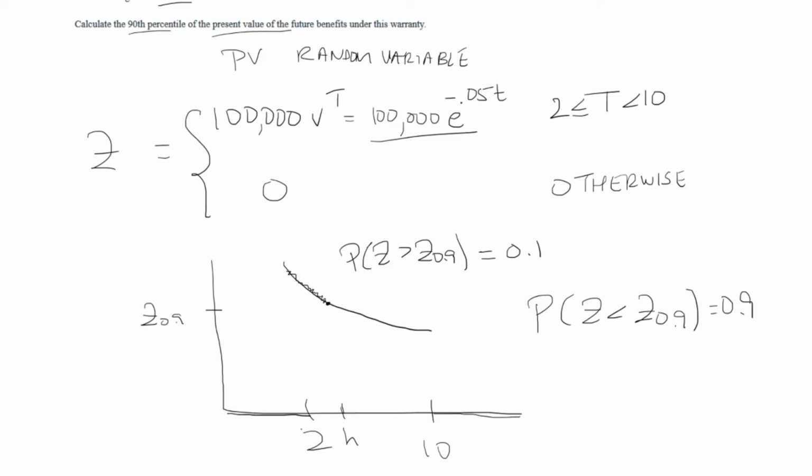And because it's 0 to the left of 2 and right of 10, the region that we're interested in is this right here. So it's really between h and 10, where Z is less than z of 0.9.